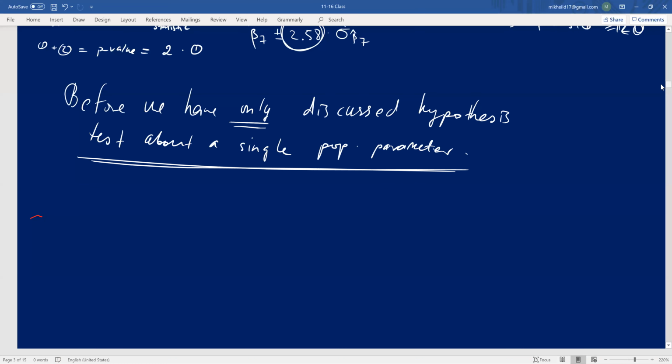But we also sometimes need to test the hypothesis about a few of the population parameters simultaneously, right? Why is that?